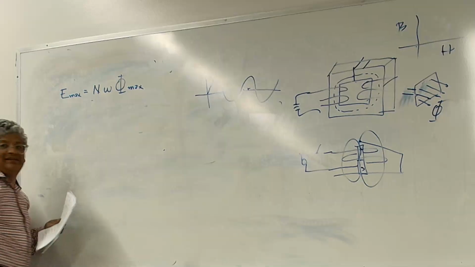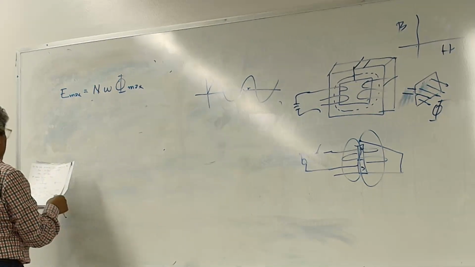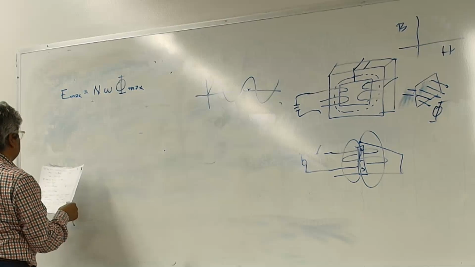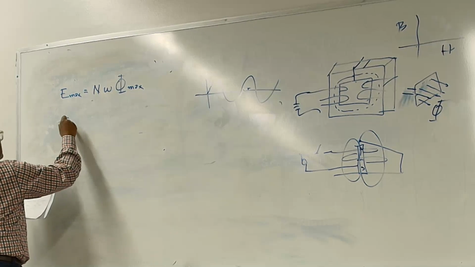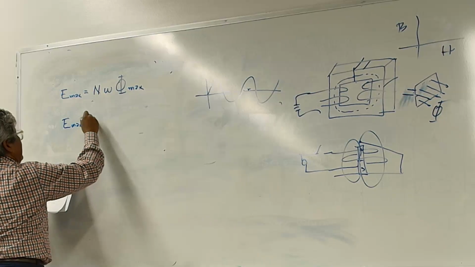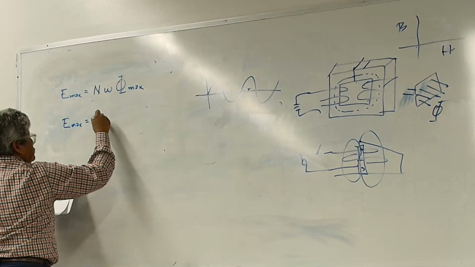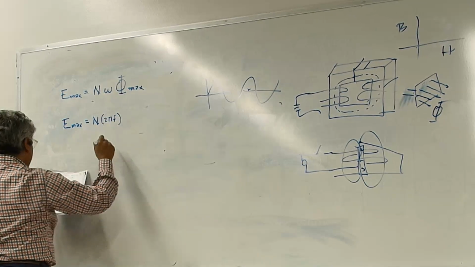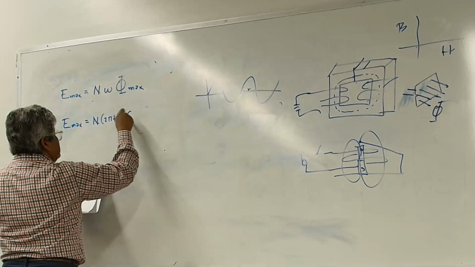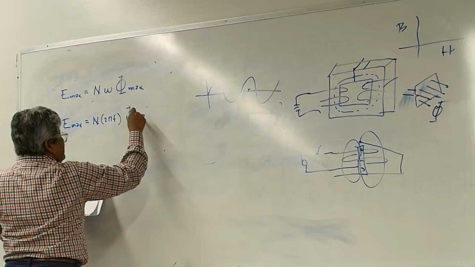Remember this equation, right? This is not the RMS value. So what I'm going to say is that E max is also equal to N times omega, which is 2 pi f, times phi max.